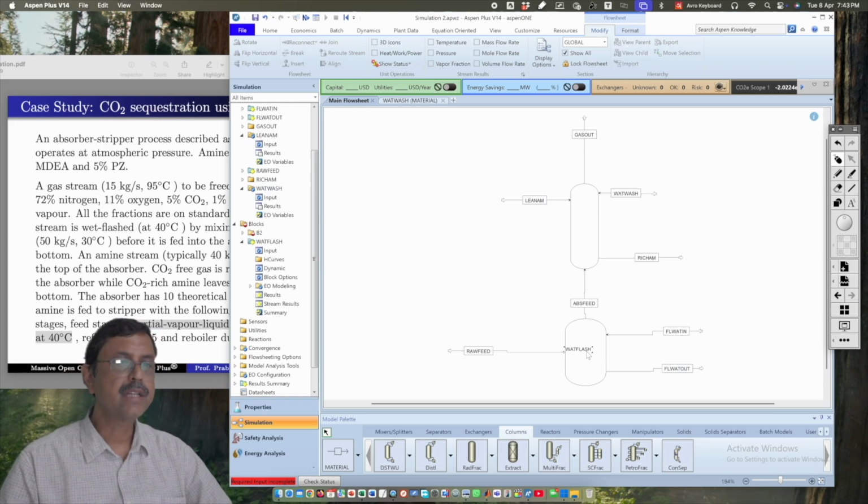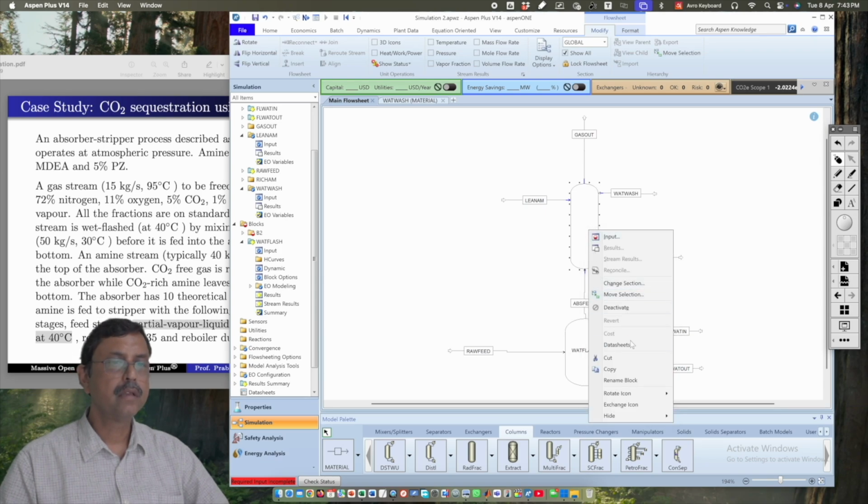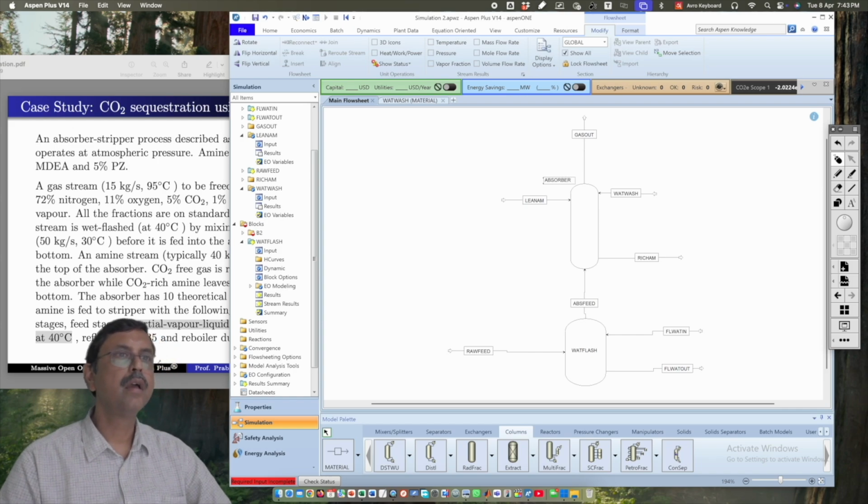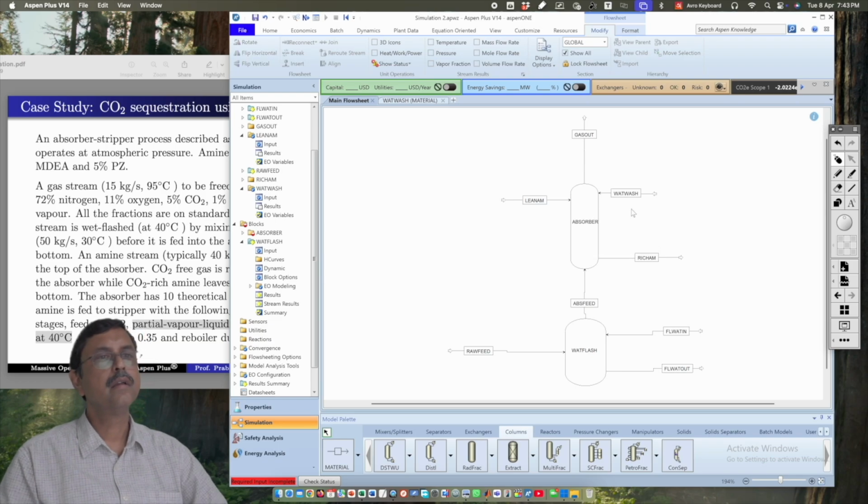This is water wash. And we will name this one absorber. This is an absorber.